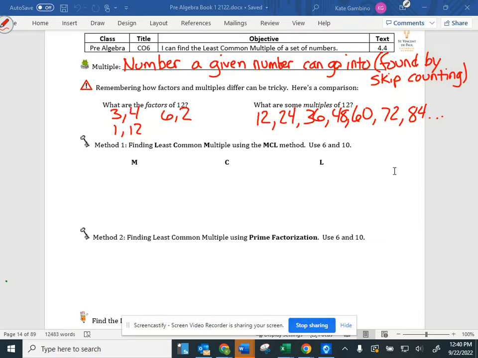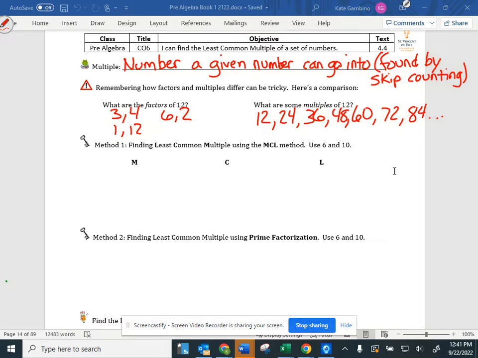For multiples, we want the smallest, the least common multiple. The greatest common multiple would go on infinitely, so we can't even say it because it never ends. So we want the least common multiple, the smallest multiple that both numbers, or 3 numbers, or 4 numbers all share.